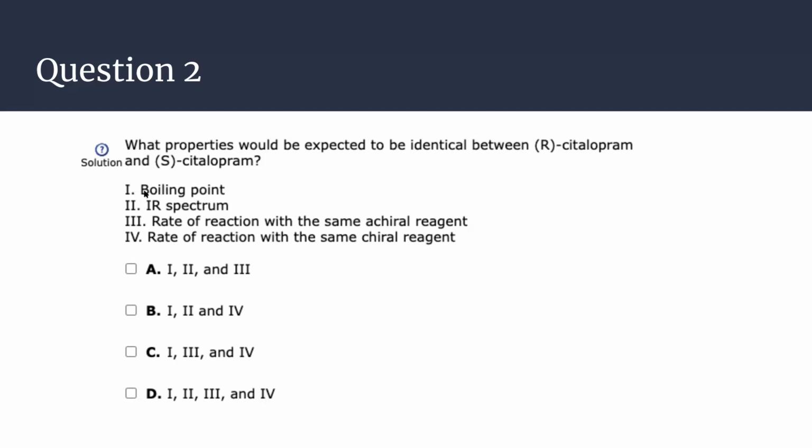Because they would look the same, they would have the same boiling point, they would have the same IR spectrum as well. And then one of these is correct. So we just have to figure out which one is correct. So that would eliminate C and D, just because it doesn't have 2 and it has both 3 and 4.